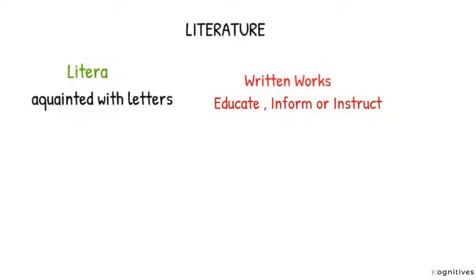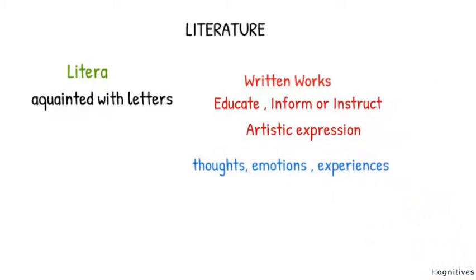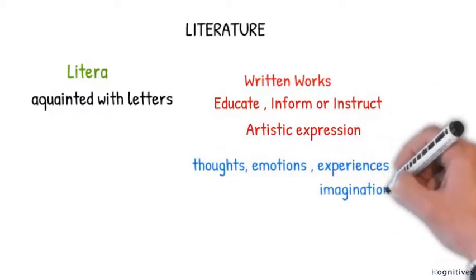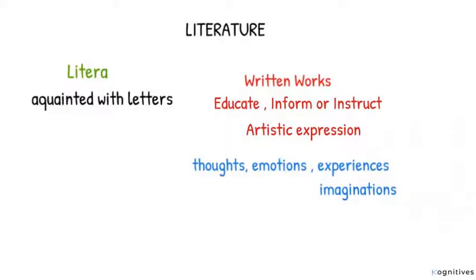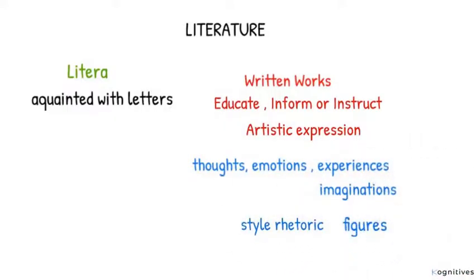As a field of study, literature could be defined as an artistic expression of thoughts, emotions, experiences, and imaginations through the effective use of style, rhetoric, and figures. Now, with all of these definitions in mind, what do we mean when we say literature in English?